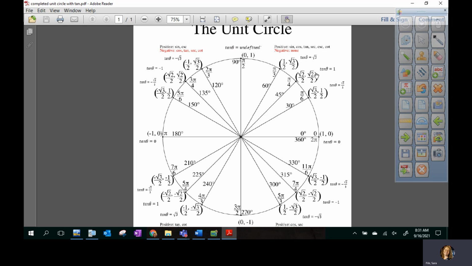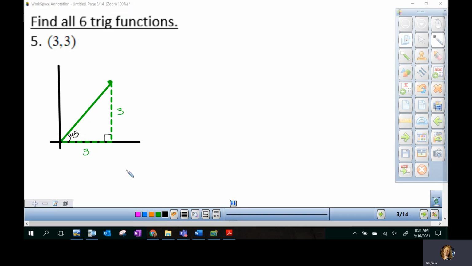Cosine is the x, sine is the y on the unit circle. So because I know it's 45 degrees, since it's isosceles, I can do this a little quicker than the other problems that give you an ordered pair. Because I know that tangent at 45 degrees is 1, sine and cosine are both √2/2.